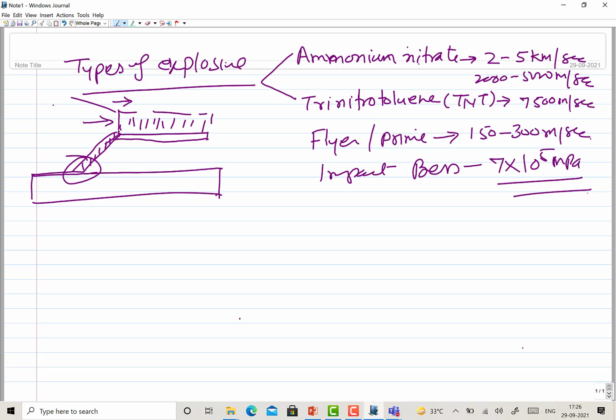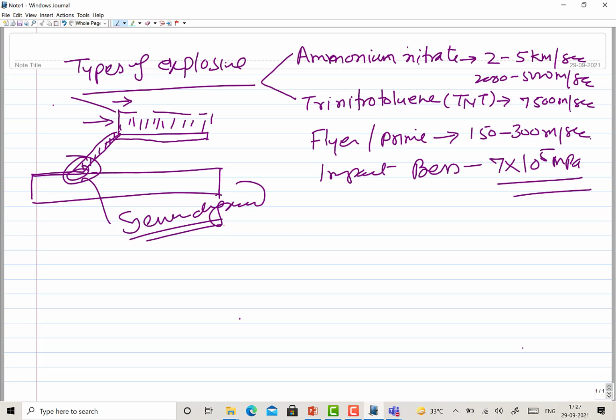so the material at the interface will be severely deformed. How will this happen? The flyer plate is impacting at a speed of say 150 to 300 meters per second, resulting in a pressure of 7 times 10 to the power 5 MPa at the interface.